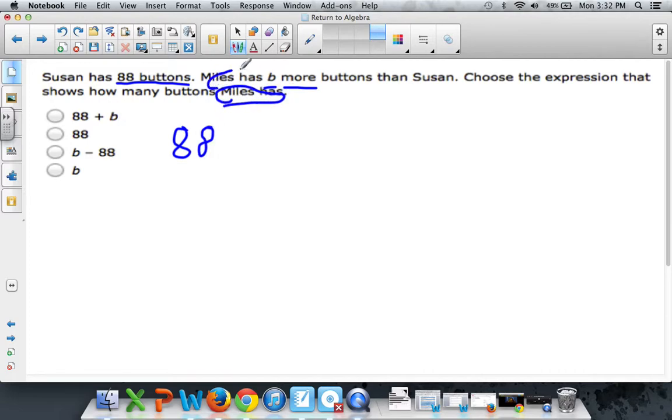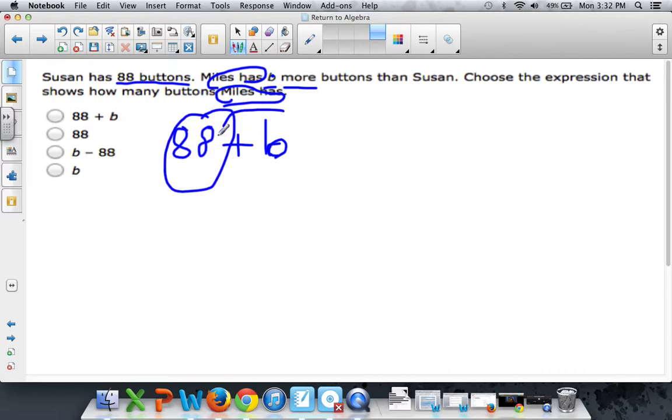Well, it says Miles has B more. What kind of symbol is more? Come on, it's addition. How much more? B more. That means we don't really know. Whatever B is, that's how much more. B could be 1, it could be 2, it could be 100. We don't know. But the important thing is that we wrote an expression that makes sense. Susan has 88.